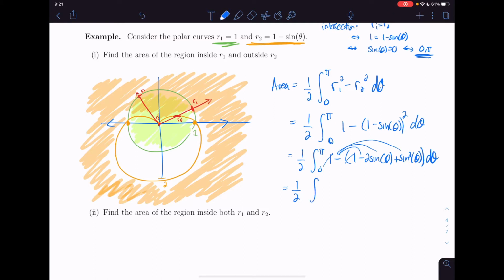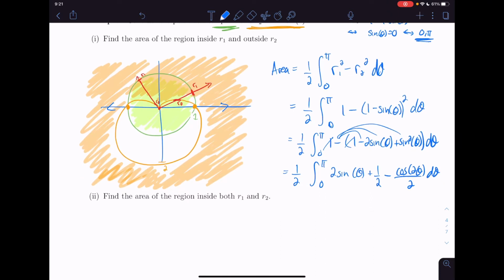Well, let's actually run it all out. 0 to pi of 2 sine theta, and then sine squared with a power reduction formula is going to become 1/2 minus cosine of 2 theta over 2 d theta. And then maybe I'll leave it for you to finish off that computation from here.